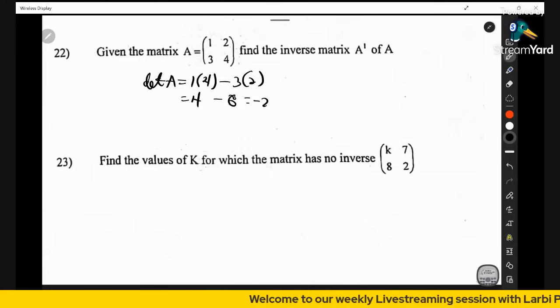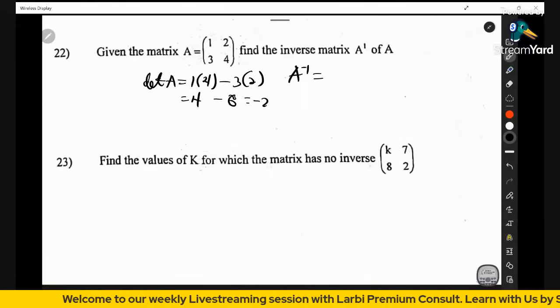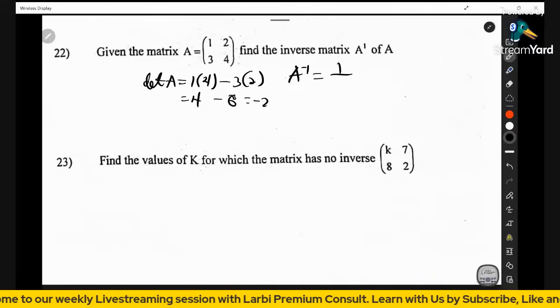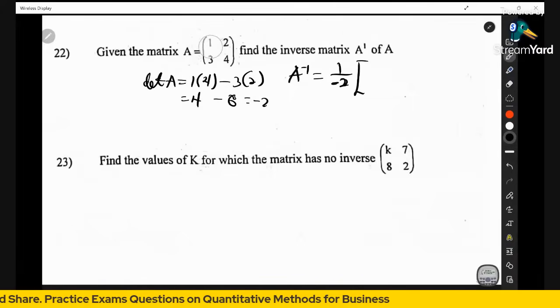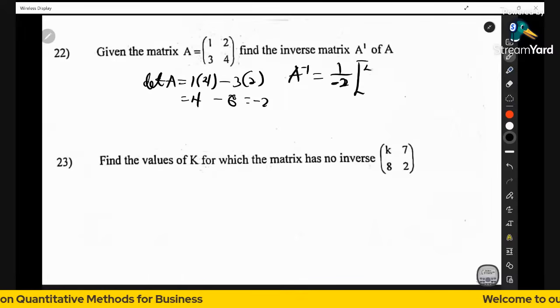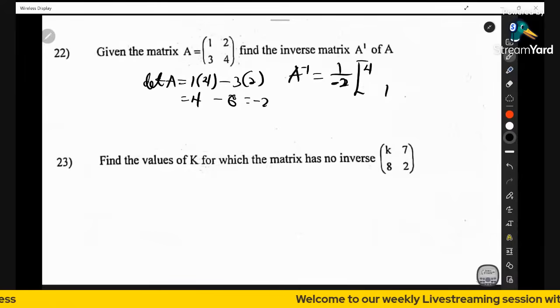Therefore A inverse should be equal to 1 over the determinant, and the determinant here is negative 2, multiplied by the interchange position of 1 and 4. If here is 1, the 4 will take that position, and the 1 will take the 4th position. So that becomes 4, 1, and then we negate 3 and negate 2.